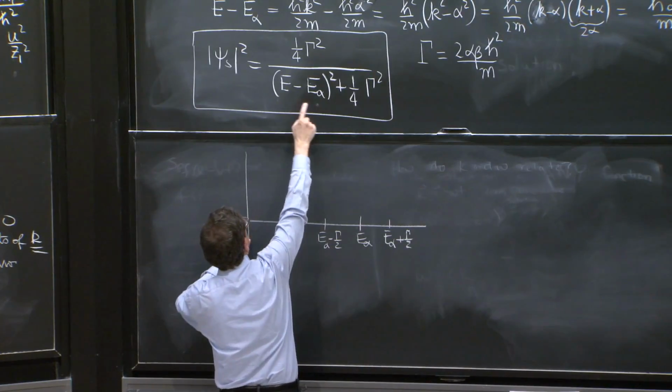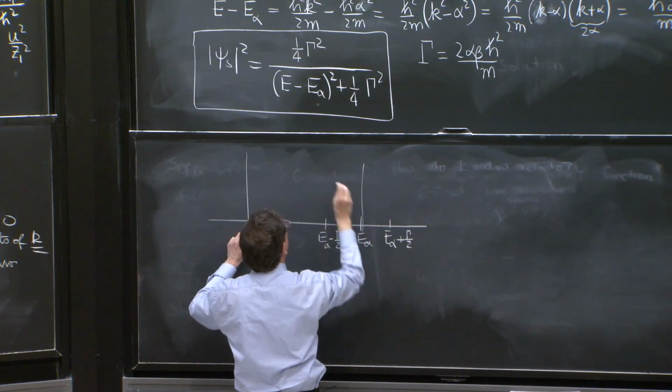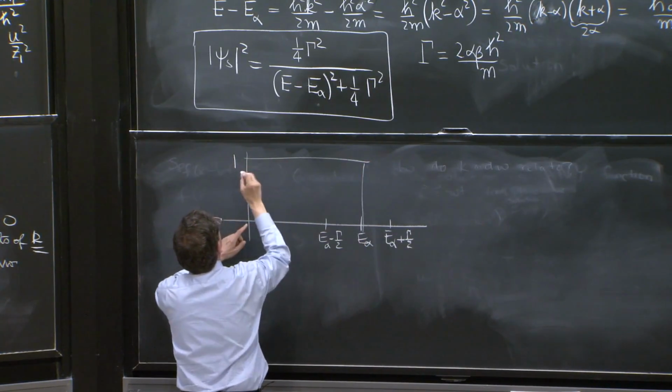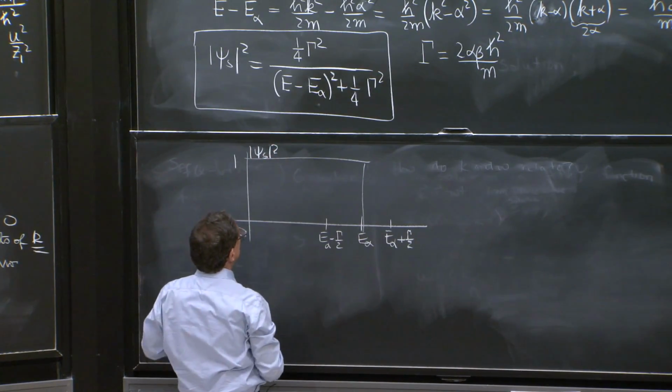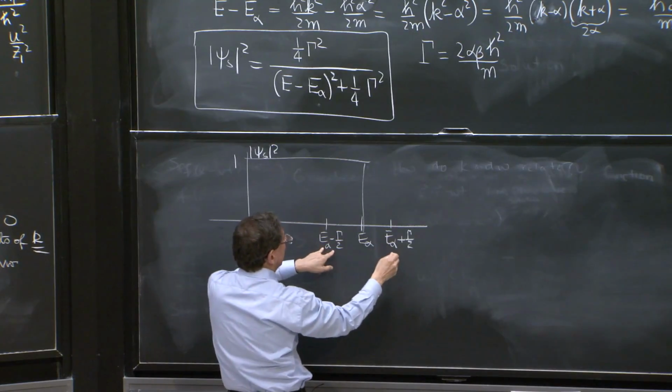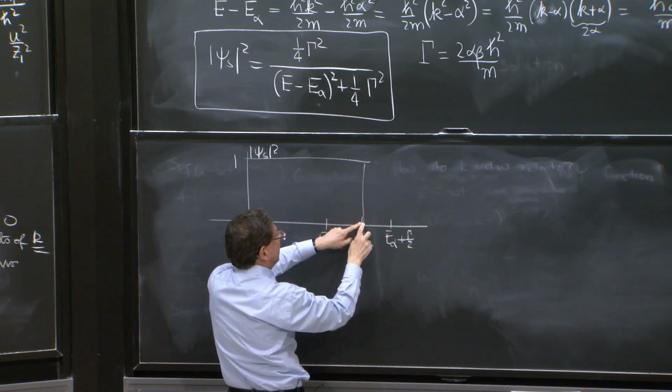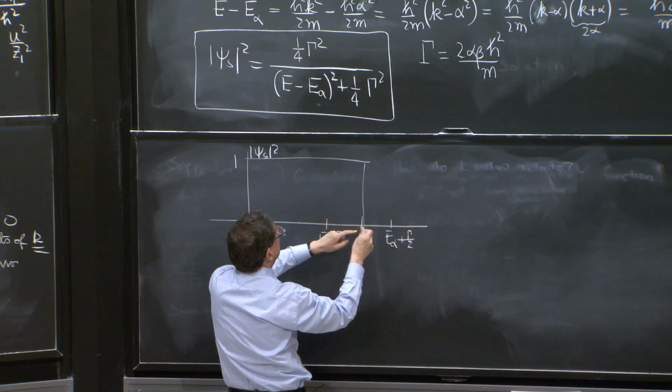When the energy is equal to E alpha, you get 1 for psi s squared. But when the energy differs from E alpha by gamma over 2, you get 1/2.